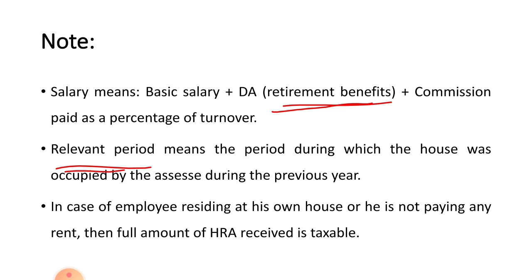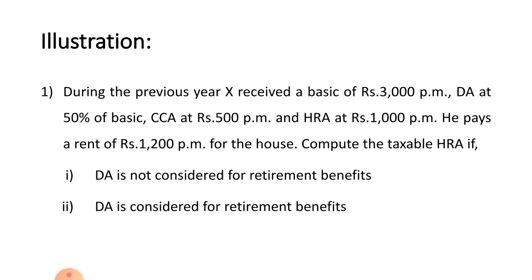He cannot claim exemption for HRA if he is not paying any rent for the house. So these are the points relating to house rent allowance. Let us solve problems on this so you can understand it better.